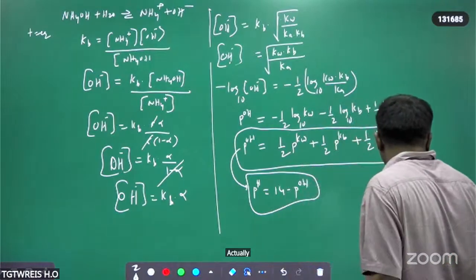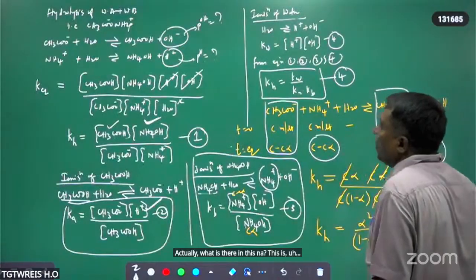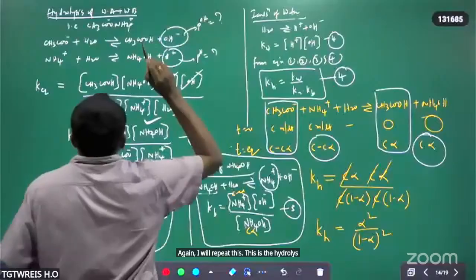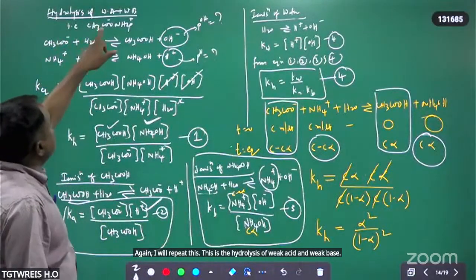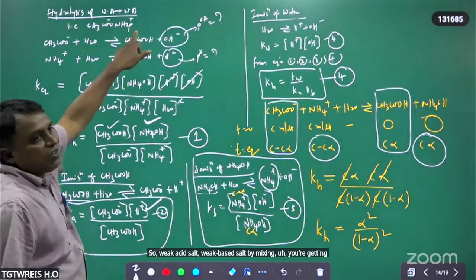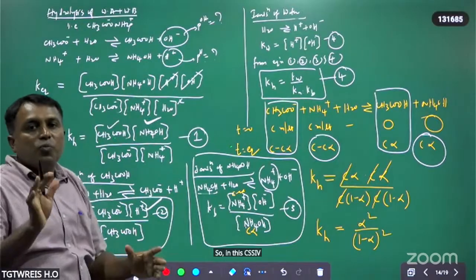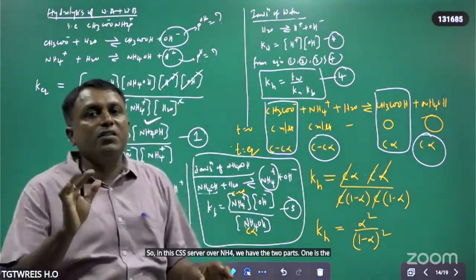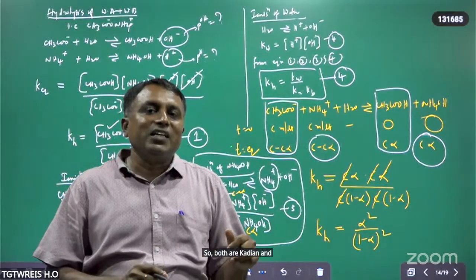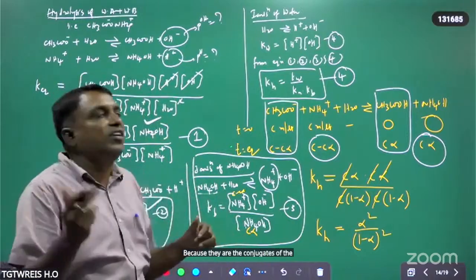Actually, what is there in this now? Again I will repeat this. This is the hydrolysis of weak acid and weak base. So weak acid salt, weak base salt. By mixing, you will get what now? CH3COONH4. So in this CH3COONH4, we have two parts. One is the anion part and another is the cationic part. So both the cation and anion are stronger because they are the conjugates of the weak acid and weak base.